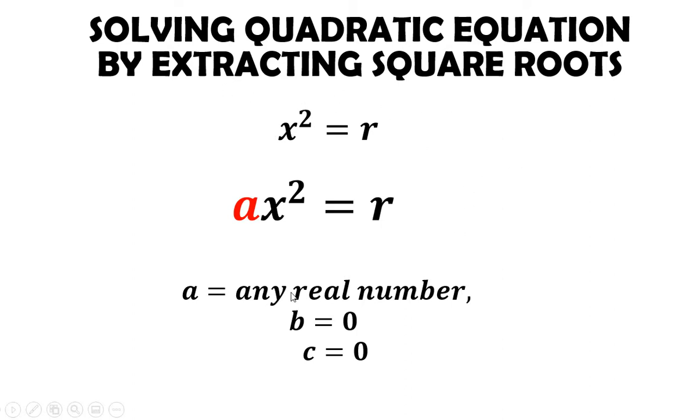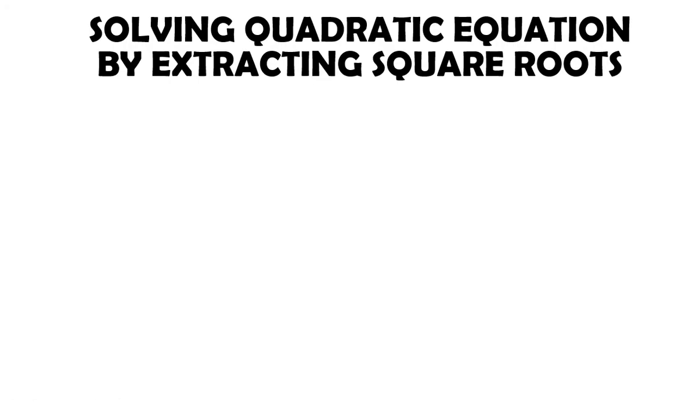In here, a is any real number. Property number 1, we have x squared equals r. Take note, in extracting the square root, parang ito yung formula na makikita natin in this form.